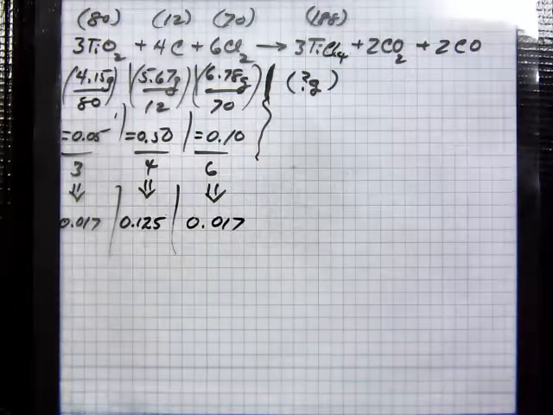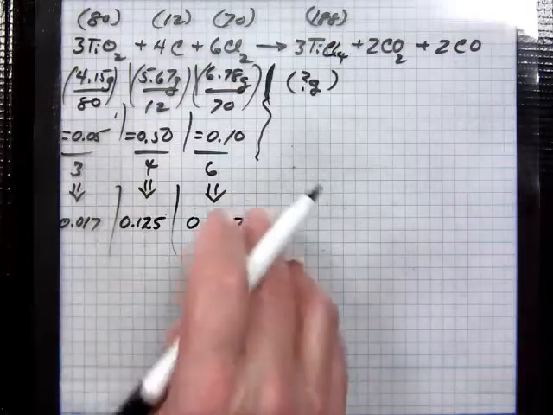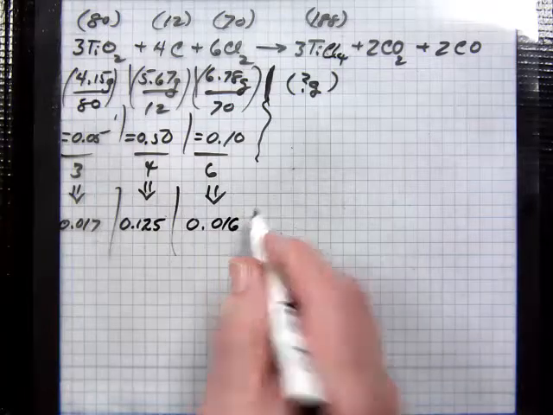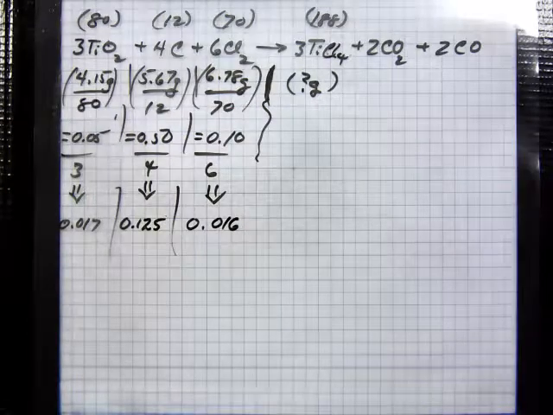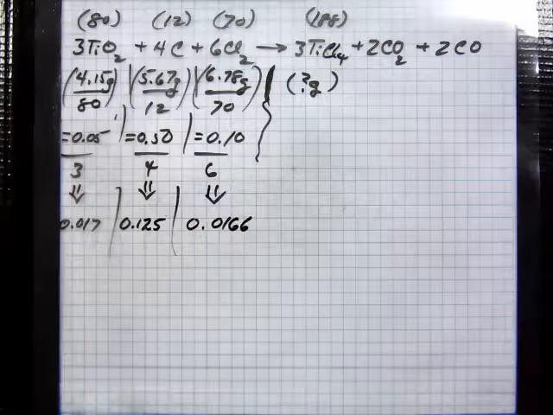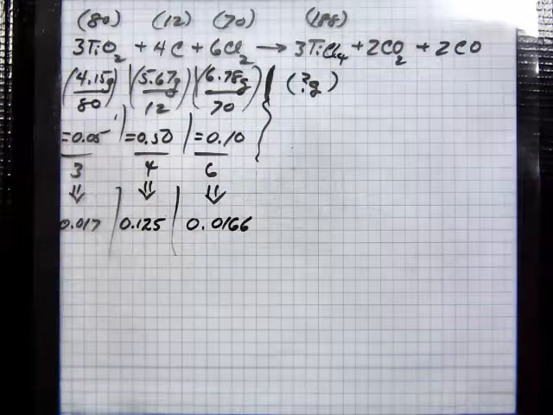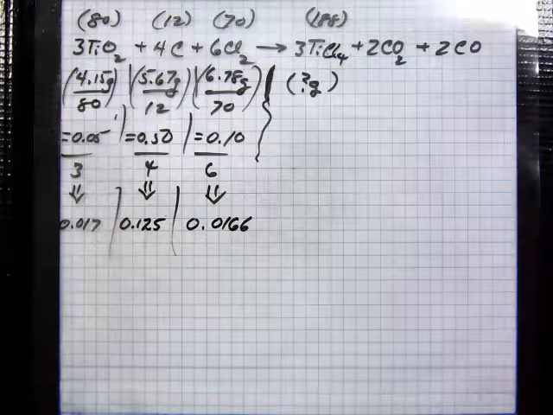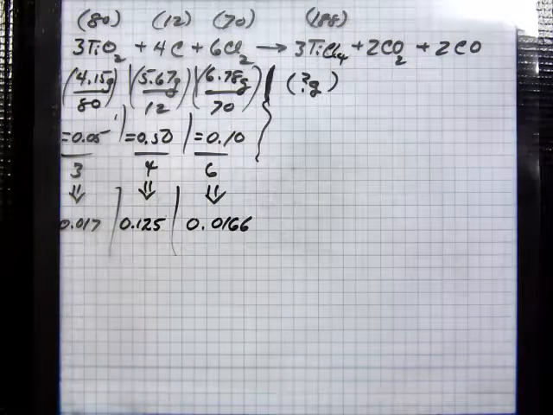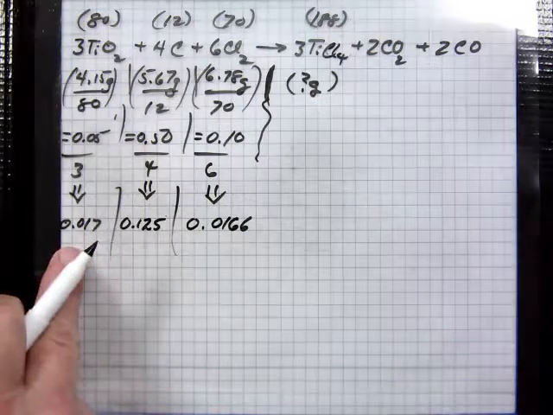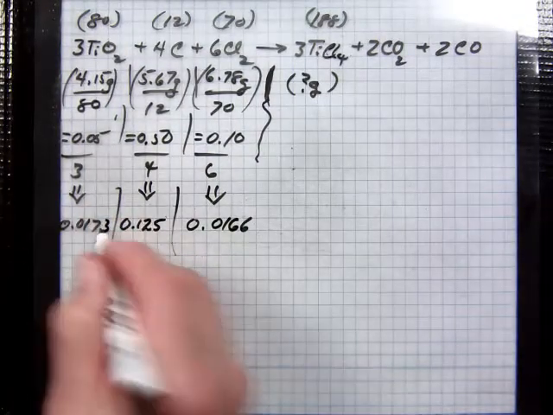Okay. Now, I'm going to have to carry this one out like that. Let me do that one over again. 4.15 divided by, equals, and that divided by 3. 0.173. So yeah, okay.